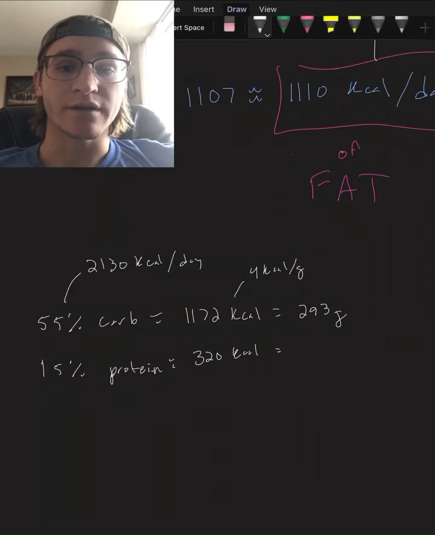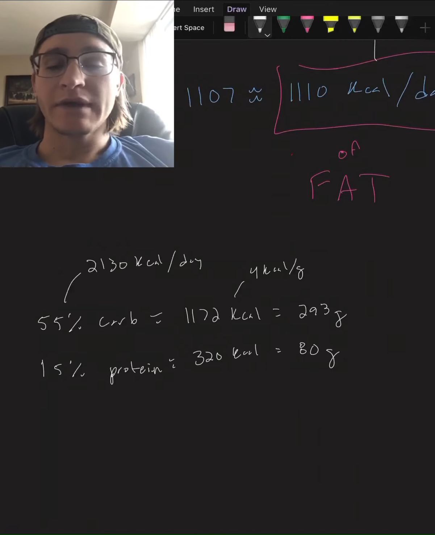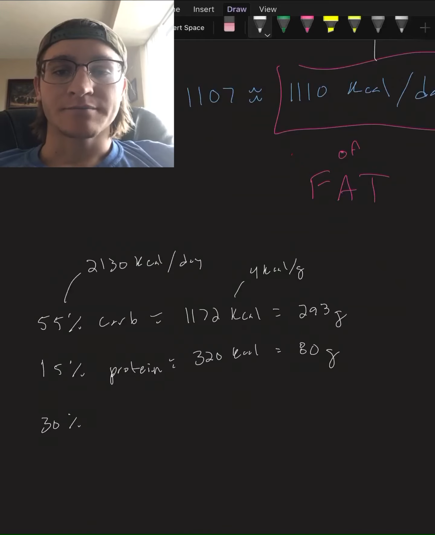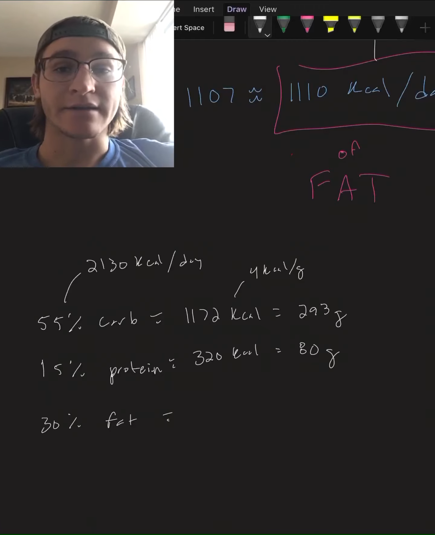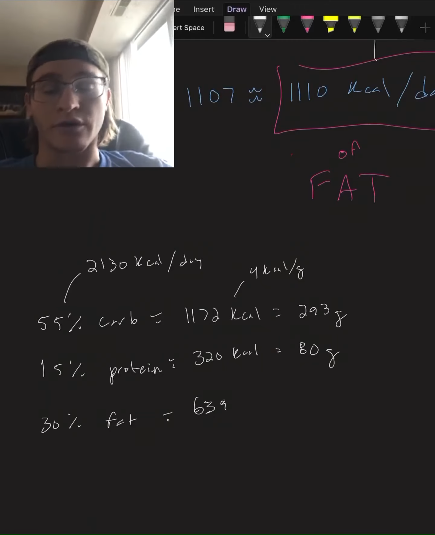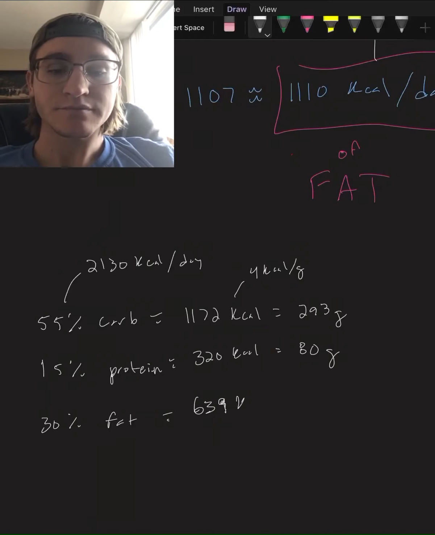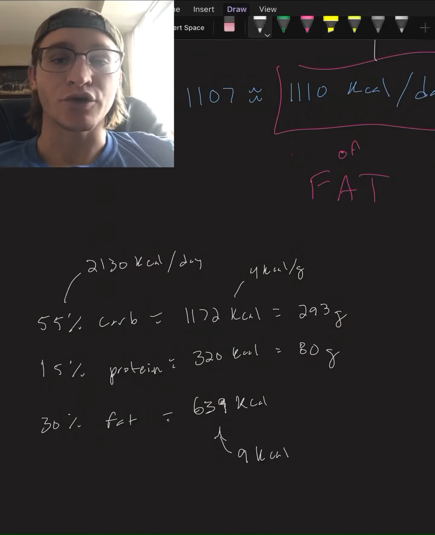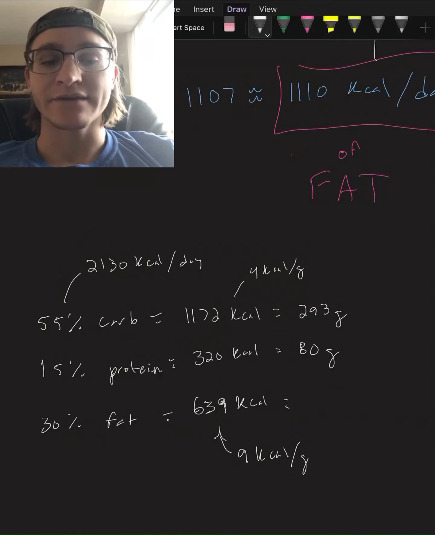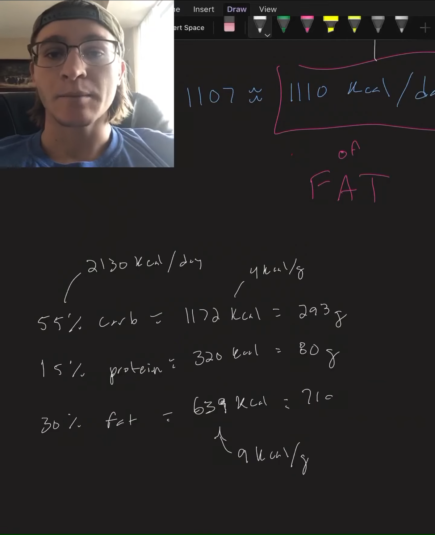That'd be 320 kilocalories. That'd be 80 grams of proteins per day. And we want 30% of fat, which is our recommended daily allowance. That'd be 639 kilocalories, but this is 9 kilocalories per gram. Therefore, we're going to have 71 grams of fat allowed per day.